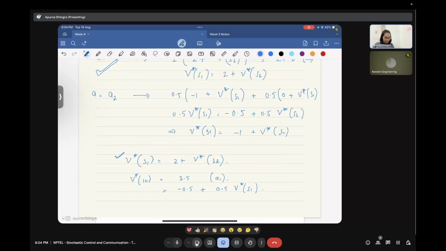Once I do that, that leaves me with 0.5 plus 0.5. So that is telling me this action gives us the value function to be 1.